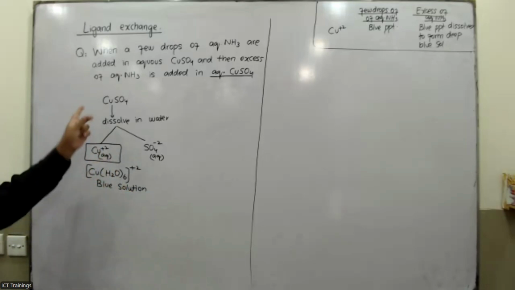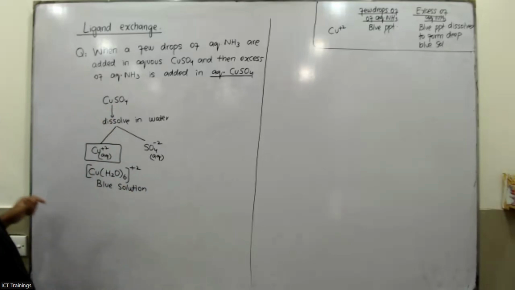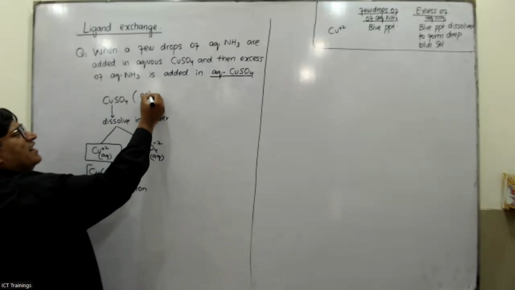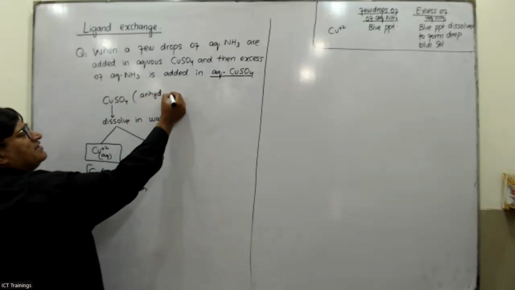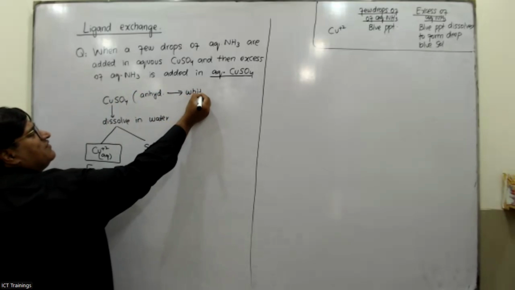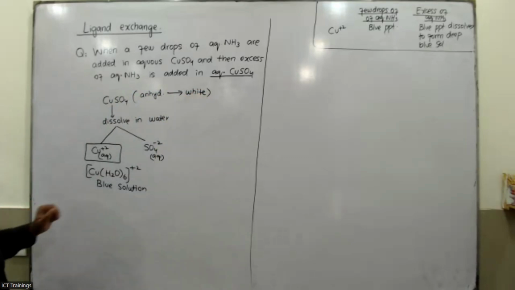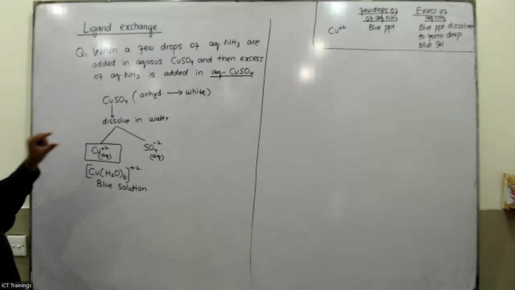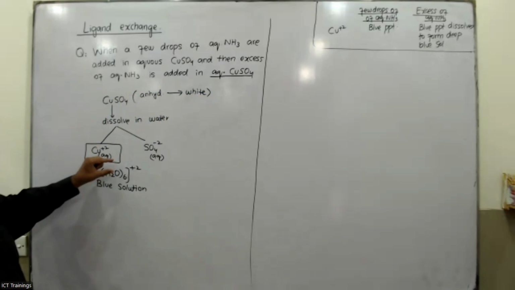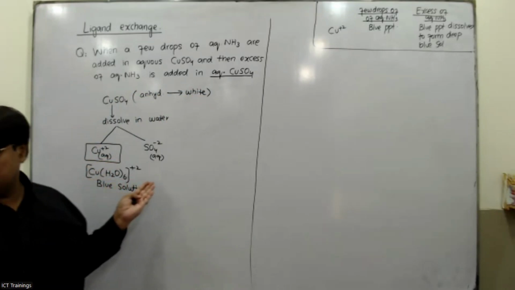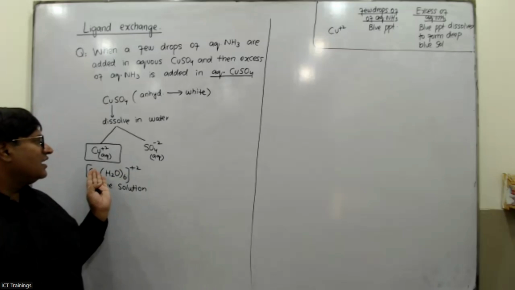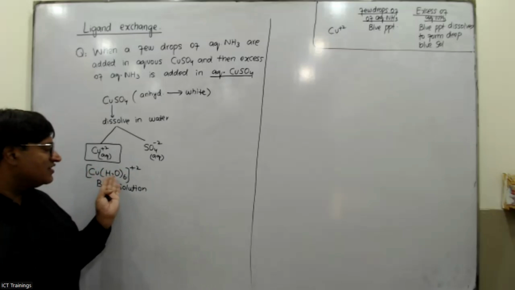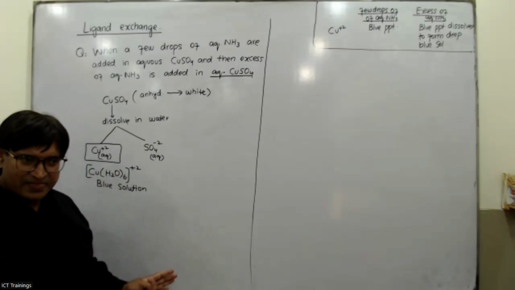Copper sulfate without water is anhydrous. In anhydrous form, it is white in color. It does not have any color. But when it dissolves in water, the copper ions form a complex with the water, and that is actually the blue color. So the blue solution is due to the formation of the complex of the copper ion with the water molecules. Did you get it?